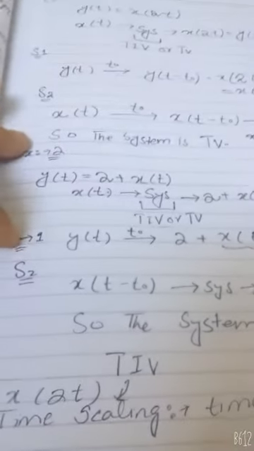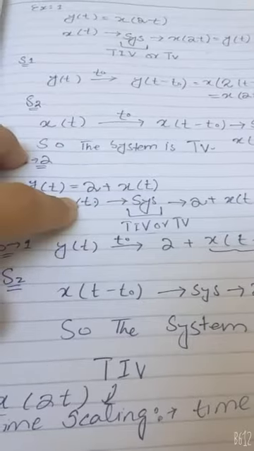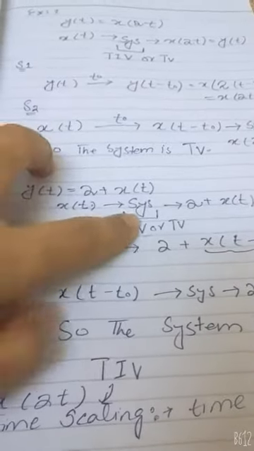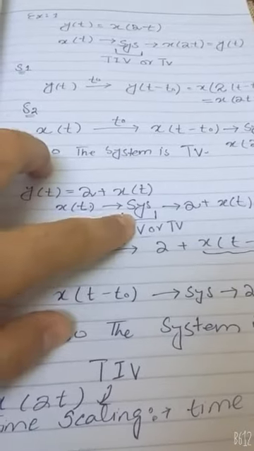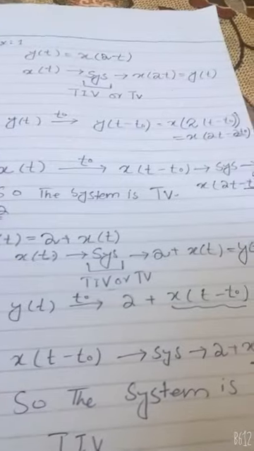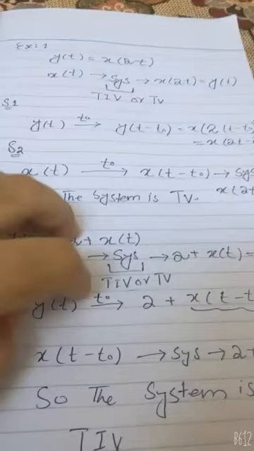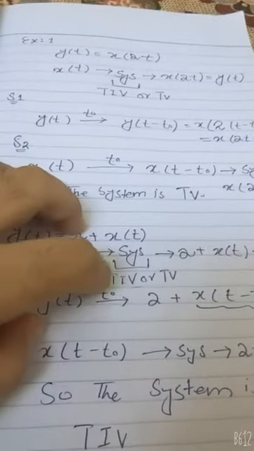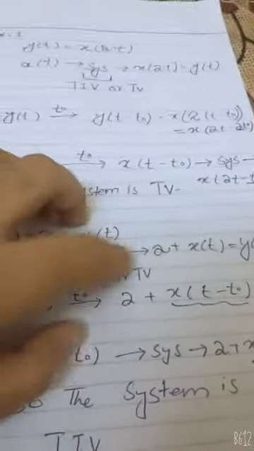So I write here step 1: we pass x of t as input through the system, and from this we check whether it is a time invariant or time variant system.